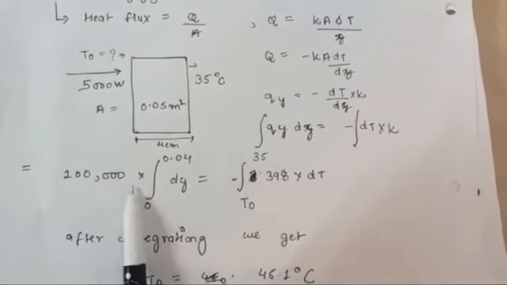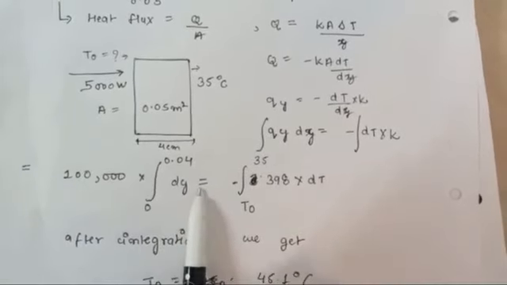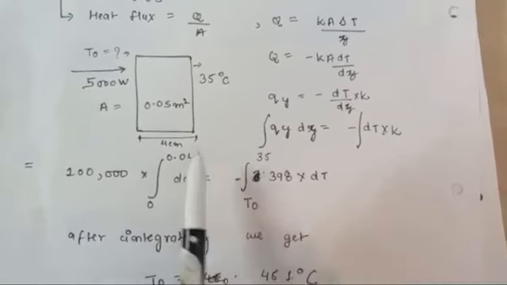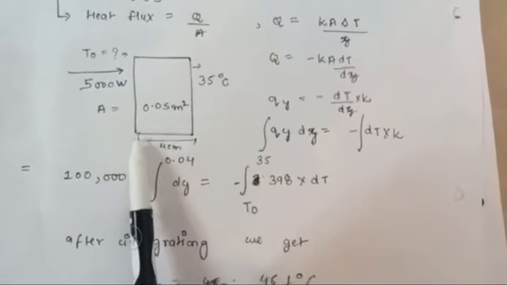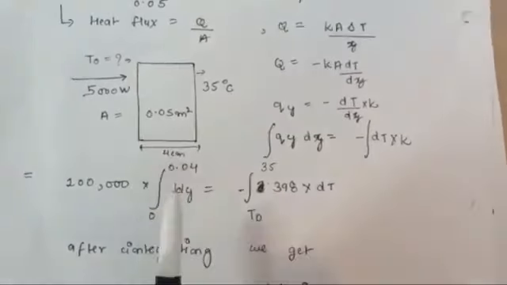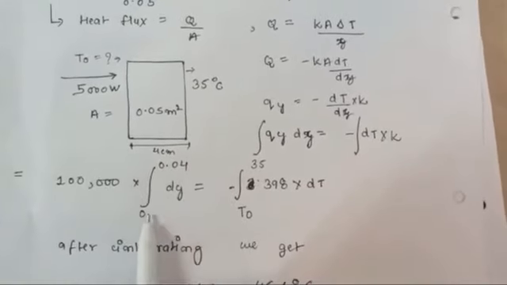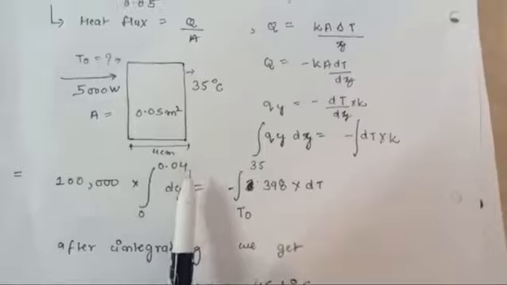After putting all the values given in the question and applying the limit of dy from 0 to 0.04, the heat is going in at x is equal to 0 and going out at x is equal to 4 centimeter. We have converted centimeter into meter.